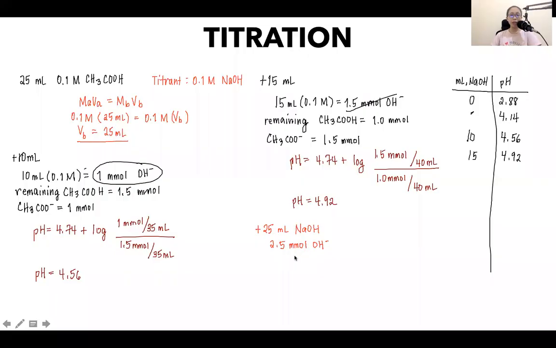This means that all of your acetic acid will be neutralized, right? All of this will be used up, and in the process, you form 2.5 millimoles of acetate, right? So you have no acetic acid remaining. All of them were neutralized by the base, and then all of them were converted to acetate.